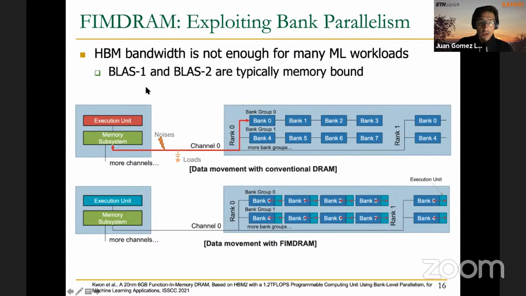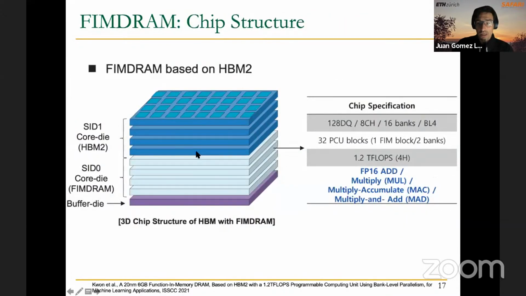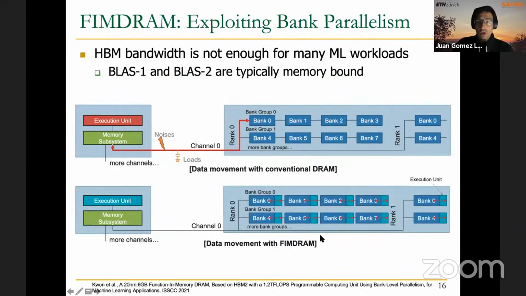In the conventional usage of DRAM memory, be it HBM or DDR4 or something else, the way to access data is with the von Neumann model, as you already know, and we are bottlenecked by this memory bus and this channel here.